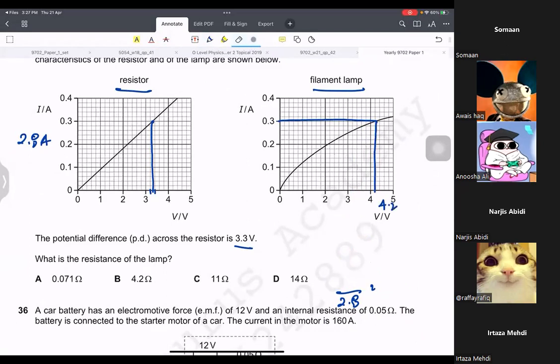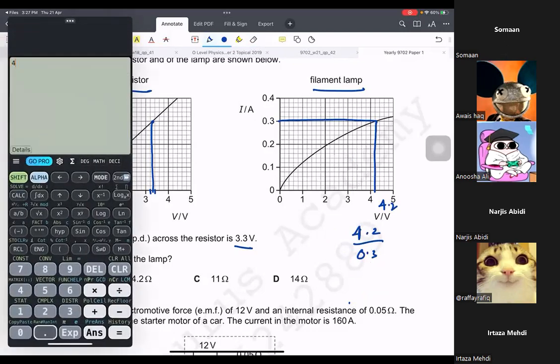Okay. All right, but the thing is, this is not a linear curve, and why am I using V is equal to IR really? Does it make sense? I don't think so. I should be taking the gradient, but okay, let's try anyway. 4.2 divided by.